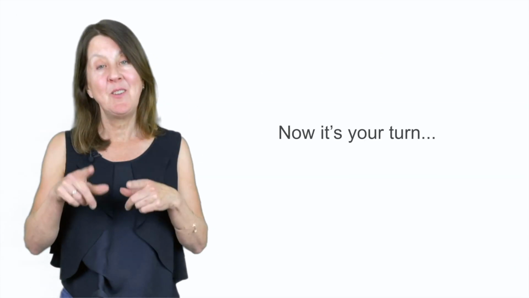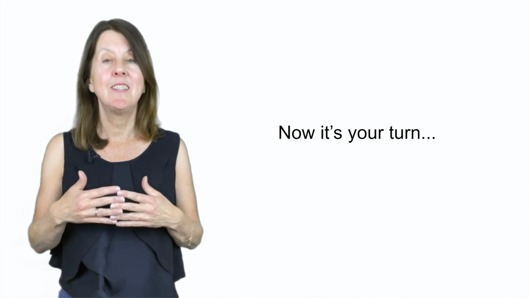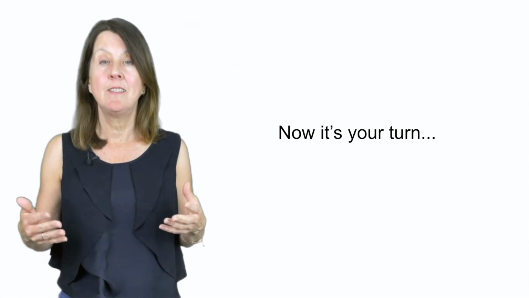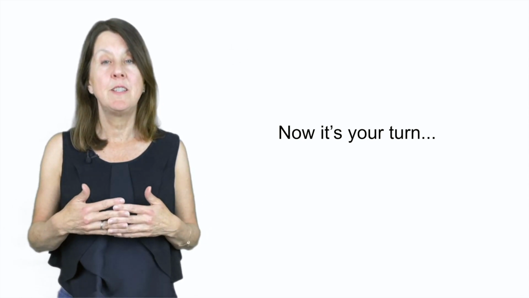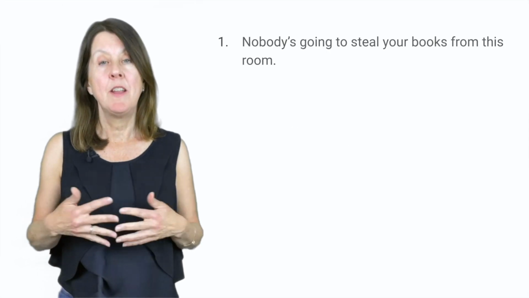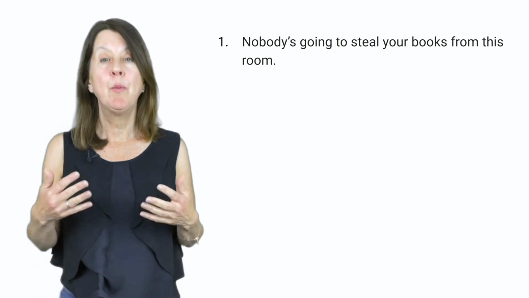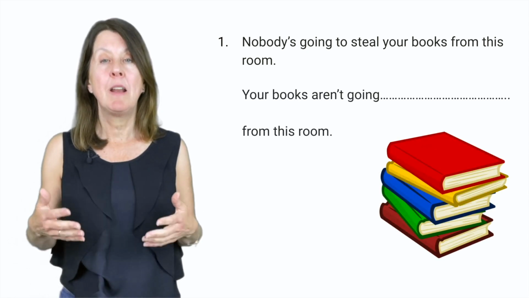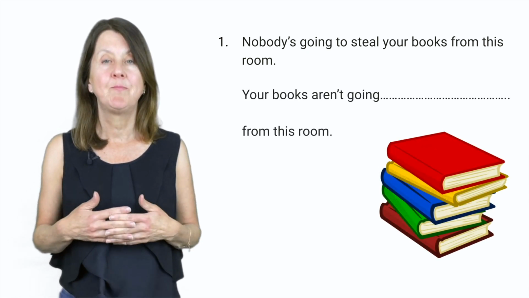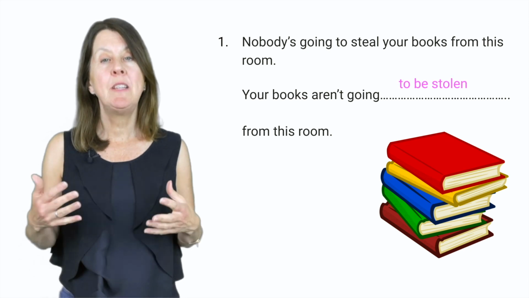So now it's your turn. Change these sentences into sentences with passive infinitives. Number 1, nobody's going to steal your books from this room. Your books aren't going blank from this room. To be stolen.